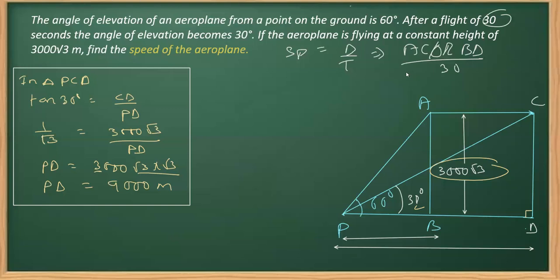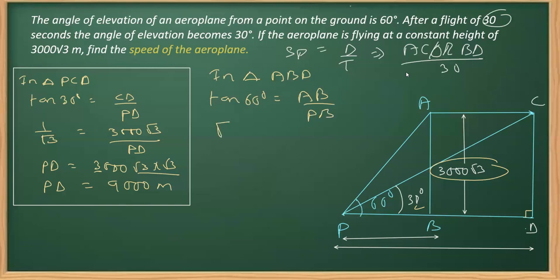Now, once we got the length of PD, next we are going to get the length of PB. For that, as you can see in the figure, we'll be considering the triangle ABP. So in triangle ABP, we'll be taking tan 60 degree, as it is given in the figure, equal to perpendicular over base. Perpendicular this time is AB and the base is PB.